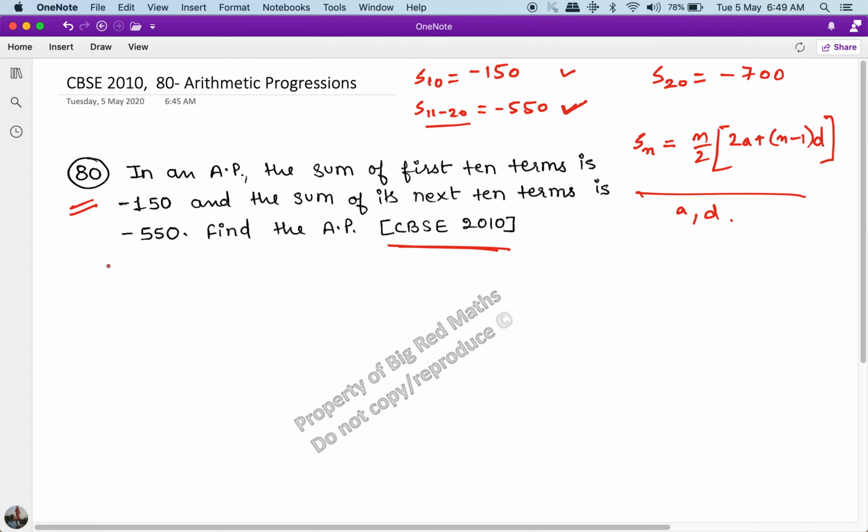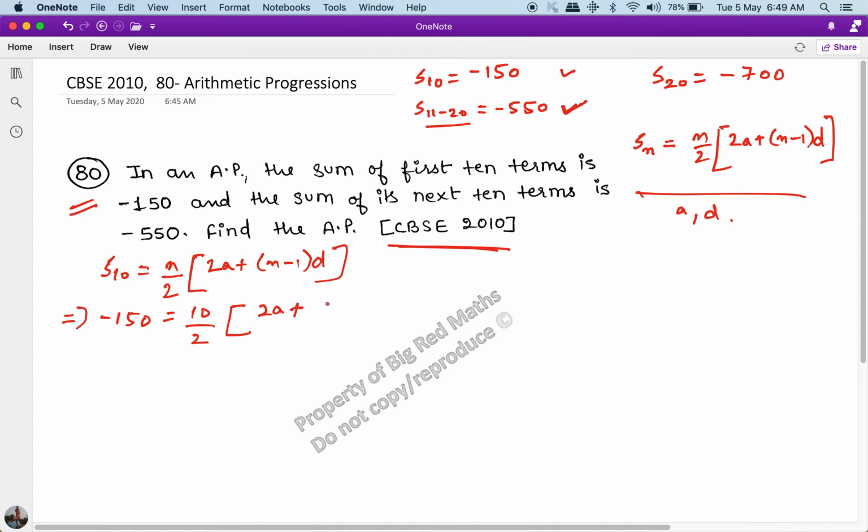So let's first go with S of 10 is equal to n by 2 into 2a plus n minus 1 into d. S of 10 is given as minus 150. This is equal to n by 2, which is 10 by 2, multiplied by 2a plus n minus 1, which is 9d.